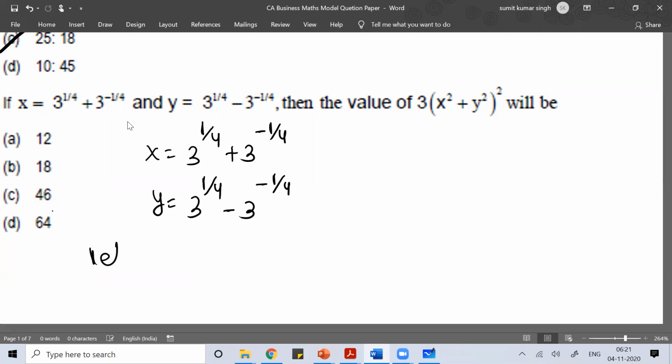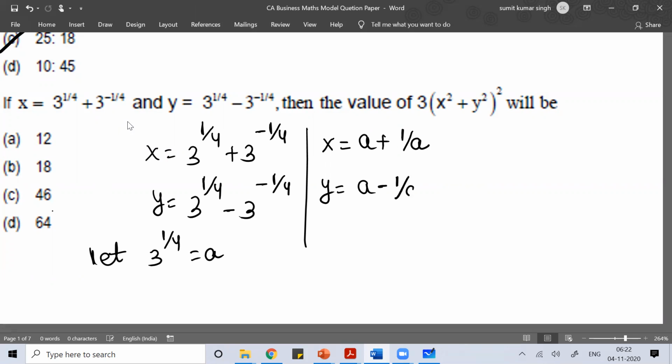So let 3 to the power 1 by 4 be equal to a. Then I can write the value of x is equal to a plus 1 by a, while the value of y is equal to a minus 1 by a.